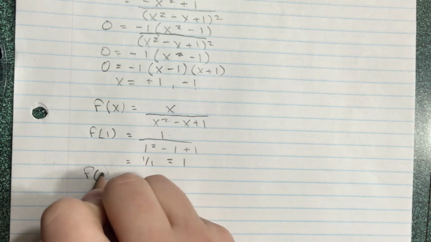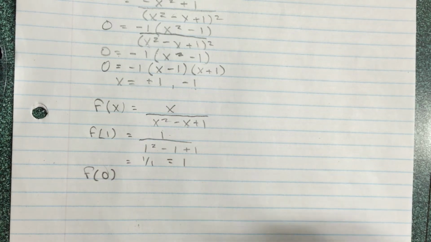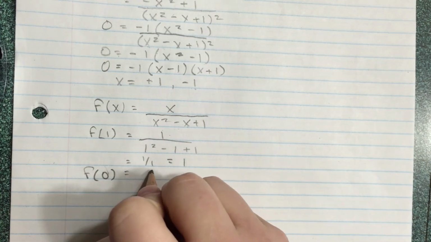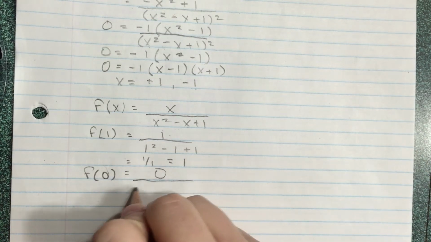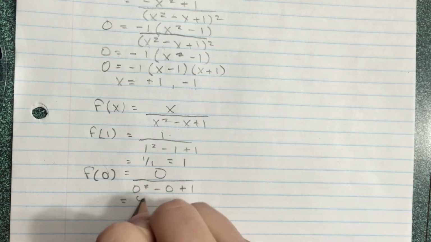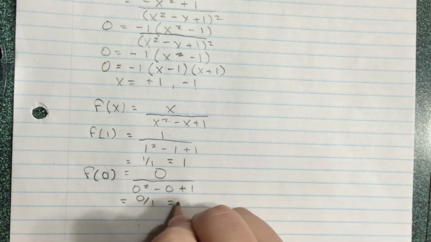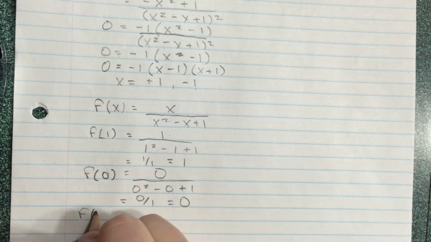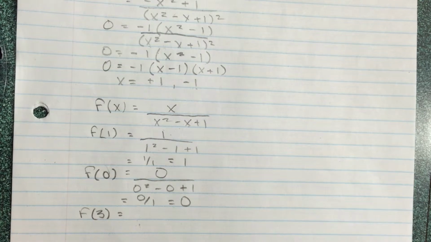So now we're going to check our endpoints, one of which is at x equals 0. So f at 0 is equal to 0 over 0 squared minus 0 plus 1. So that gives us 0 over 1, and that's just 0. Now we're going to check our last endpoint, which is f at 3.